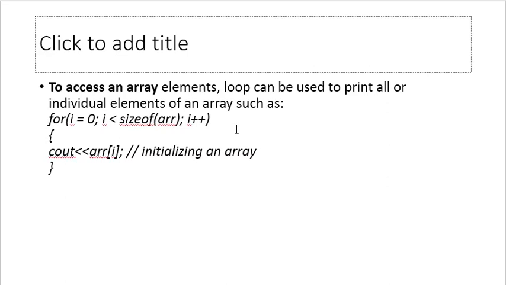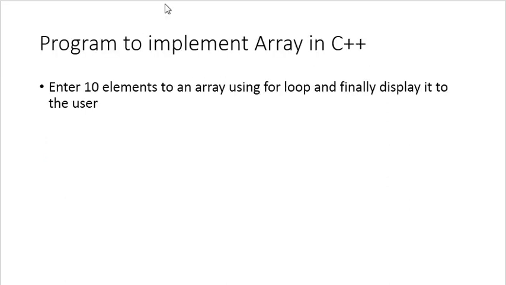So for this you have to use two loops. Here is a program showing how you will use a loop by taking 10 elements from the user, and how you will use a loop for displaying the output.